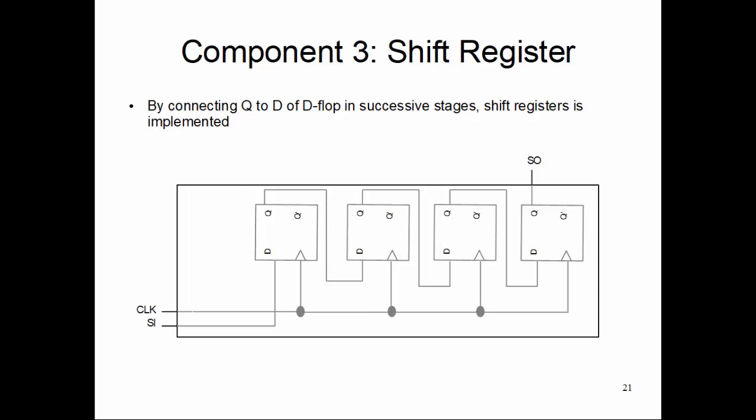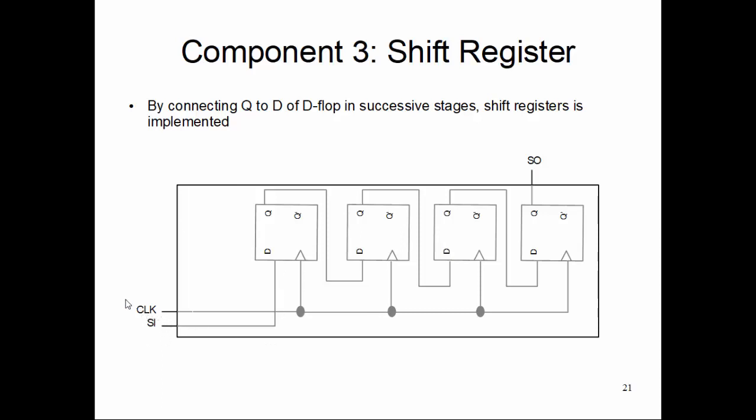Okay, so there are 4 flip-flops and 4 of them are connected in a daisy chain fashion. What does it mean? The output from one flip-flop goes to the input of the next flip-flop, and so forth. Then finally it goes out as SO, and the first stage flip-flop D signal is connected to something called SI, and they all share the same clock, CLK.